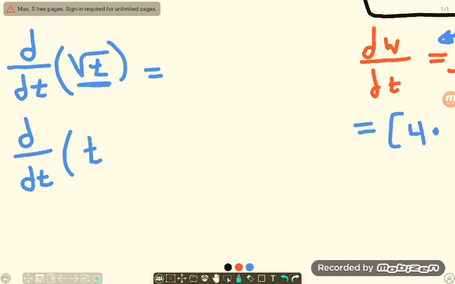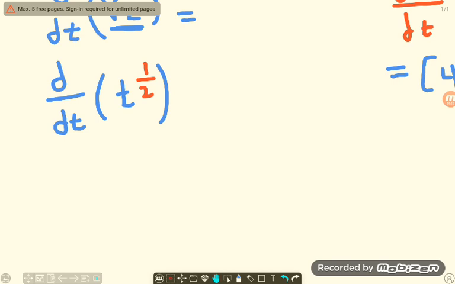If you don't understand why, it's basically the rule for every possible root, and I actually solved a question like this before in my early calculus videos. You should go watch it. So this is a simple power rule. You take the half down, multiply it, and then you subtract 1 from the power.